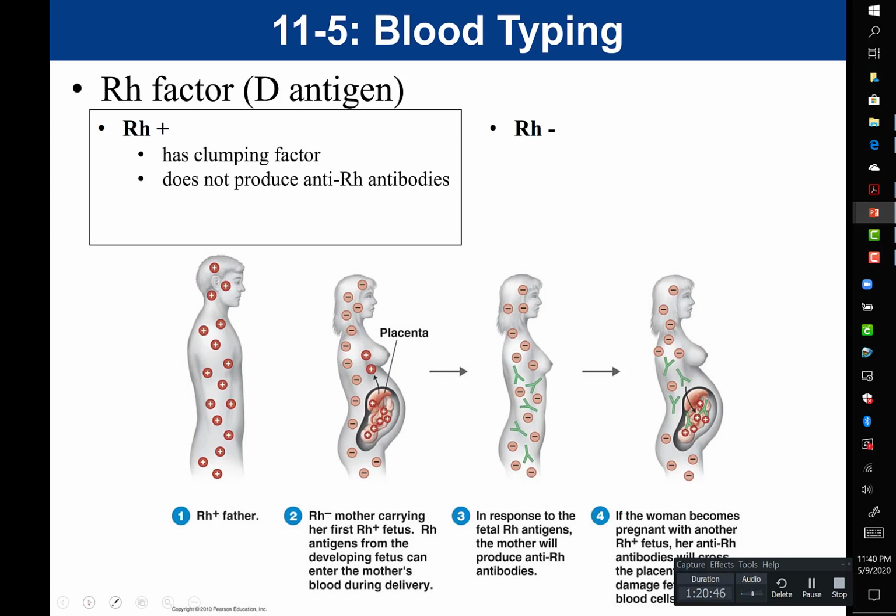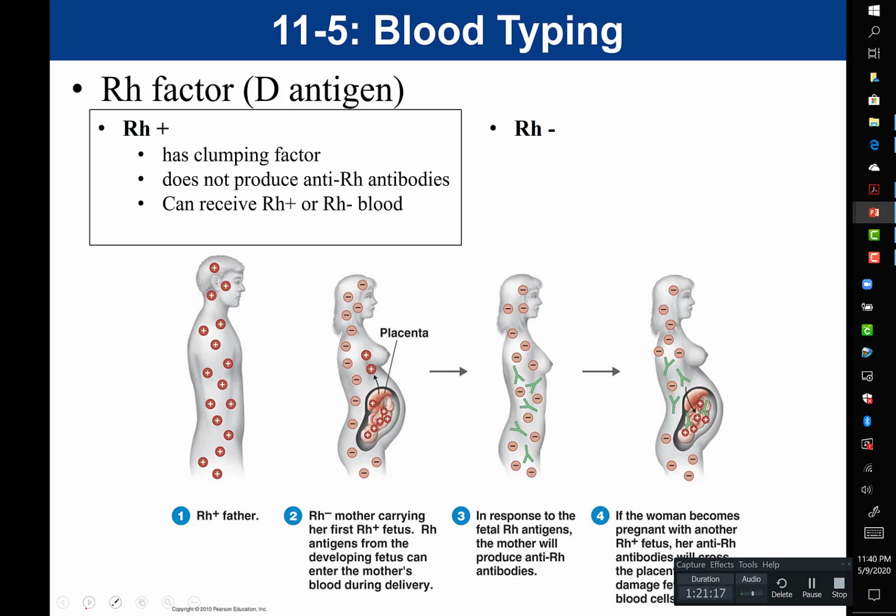They don't make antibodies against the D antigen because that D antigen would be seen as self. So somebody who is Rh positive will not have anti-Rh antibodies in their blood. If they are Rh positive, they can receive Rh positive or Rh negative blood, because Rh positive would be seen as self.